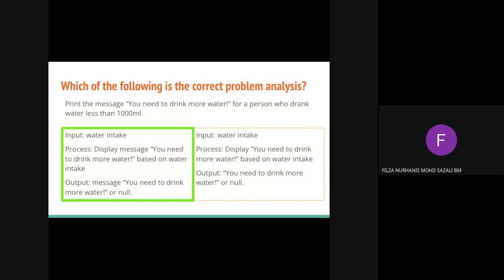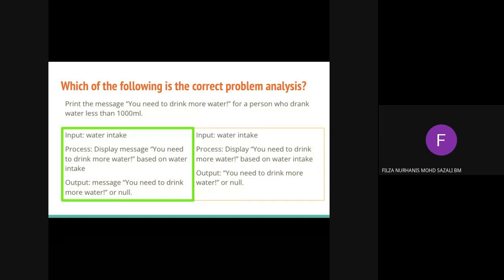So when you are writing, when satu program ataupun satu problem statement requires you to print a text ataupun bagi tahu, oh, this is an odd number, this is an even number, this is a positive number ataupun you are old based on age kan. When it comes to printing or displaying message, you have to write output dia message. Lepas tu baru tulis message tu. Alright, for process pula display message.